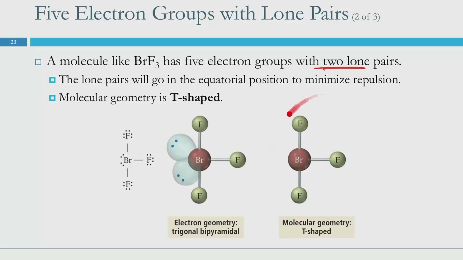And so we get this T-shaped geometry, but it's on its side. It's a sideways T-shape. And again, this is to minimize our 90-degree lone pair bond interactions.